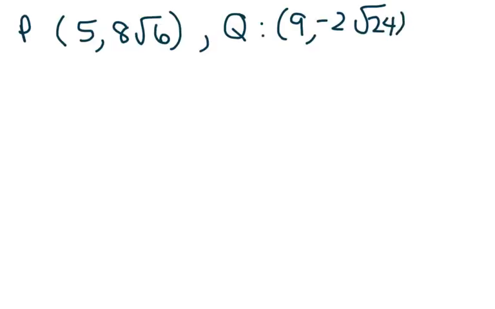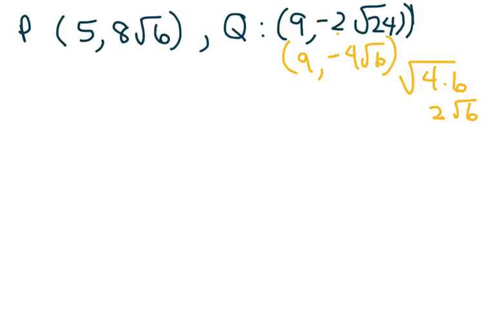Now the square root of 24, I'm going to do this on the side, is square root of 4 times 6, which equals 2 square root of 6. So I multiply the 2 by negative 2, so you get 9, comma, negative 4 root 6. That way I can combine these two. If I don't do that, I can't combine them.